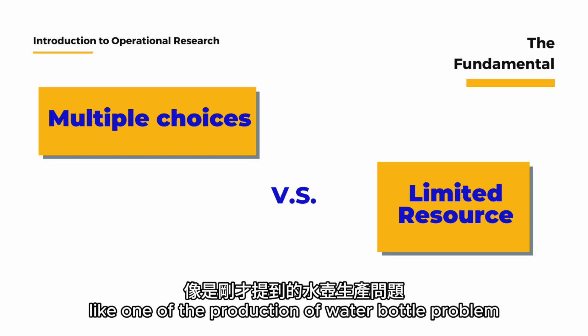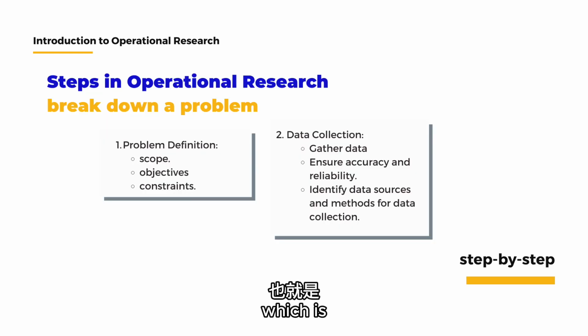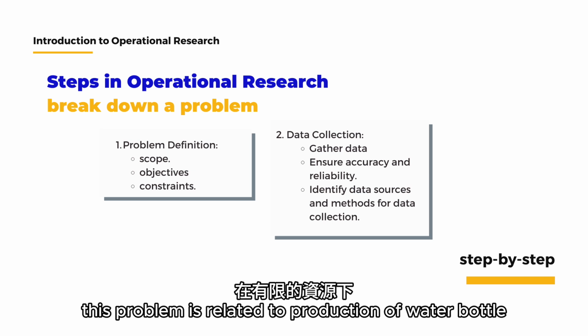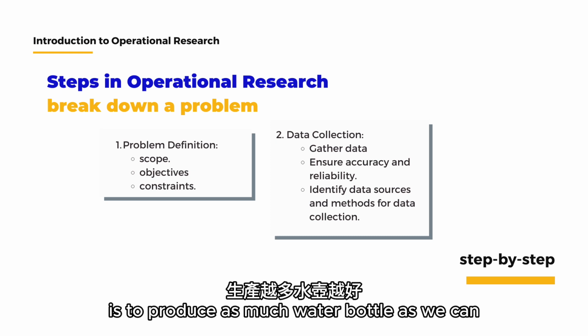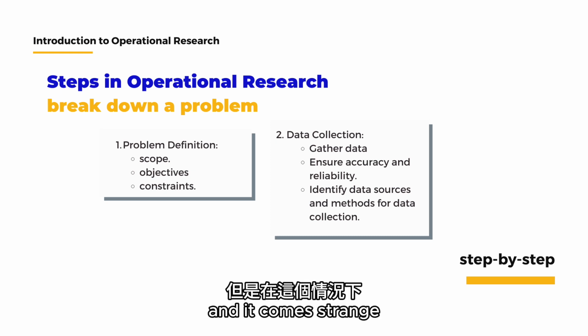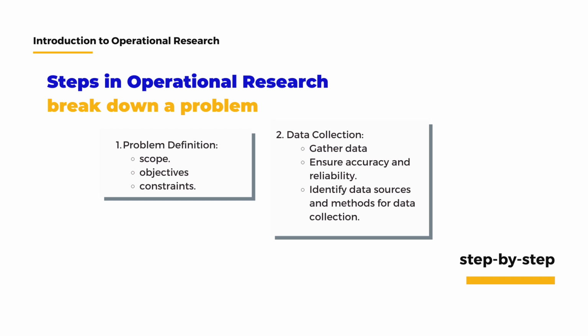Like the production of water bottles problem we just mentioned, we have to define the scope, which is that this problem is related to the production of water bottles, and the objective is to produce as many water bottles as we can. And the constraint is that we only have this amount of time and money.